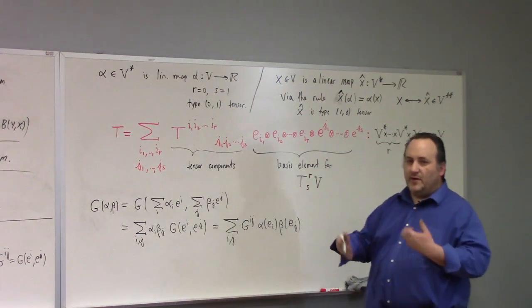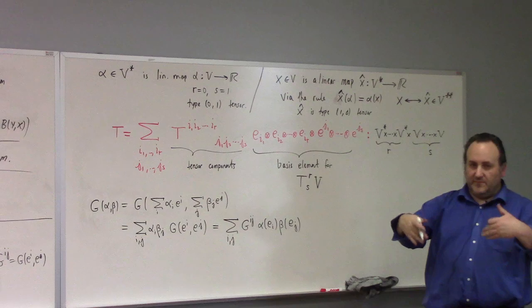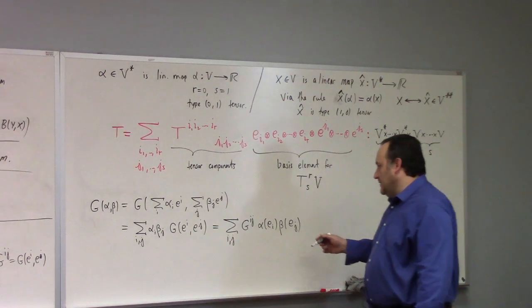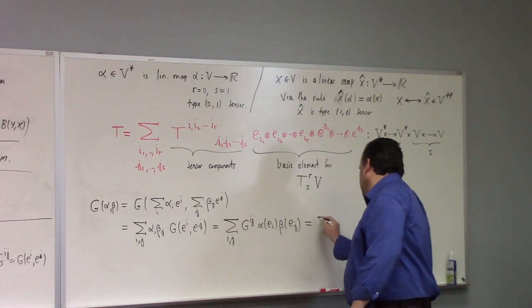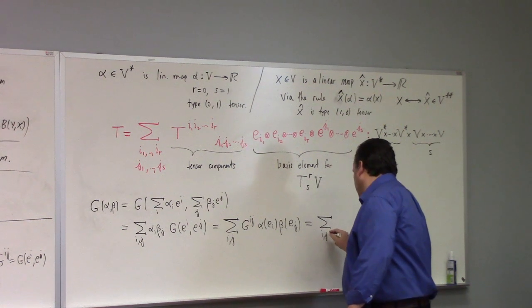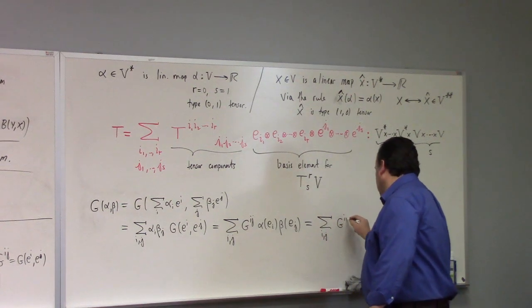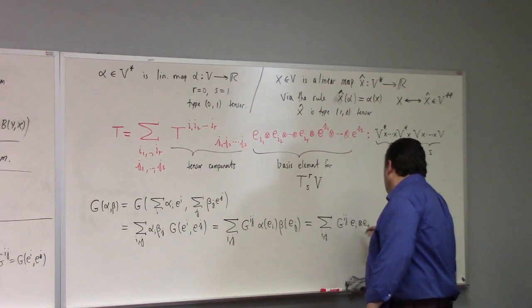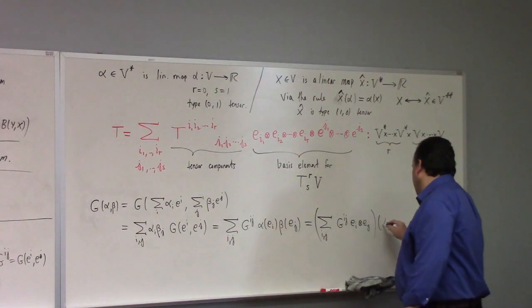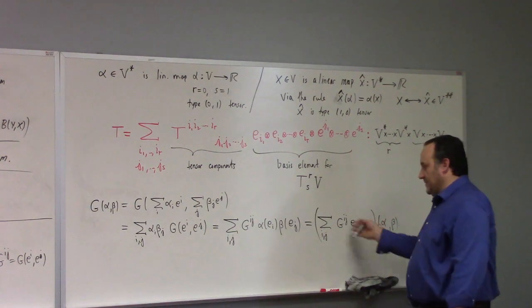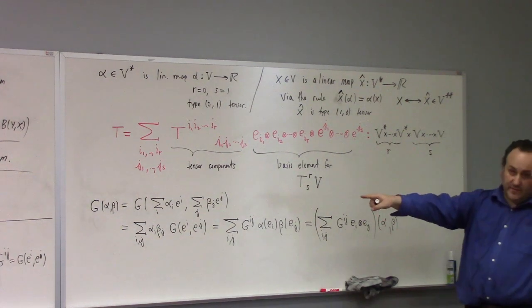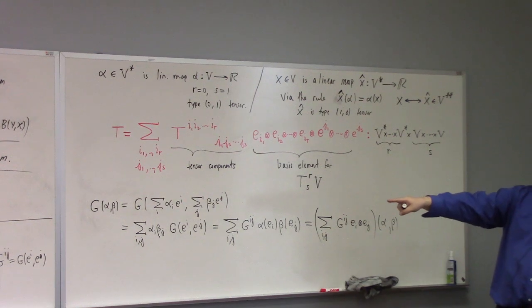To calculate the ith component of alpha, we operate alpha on the ith basis vector, and likewise for beta j. And then that is, by the definition of the tensor product again, g^ij e lower i tensor e lower j acting on alpha, beta, and then I just pull the sum out. Which shows you, since that holds for all alpha, beta, that the theorem over there is legit.